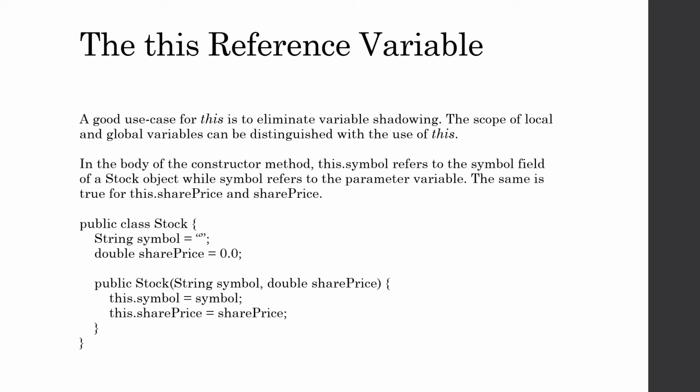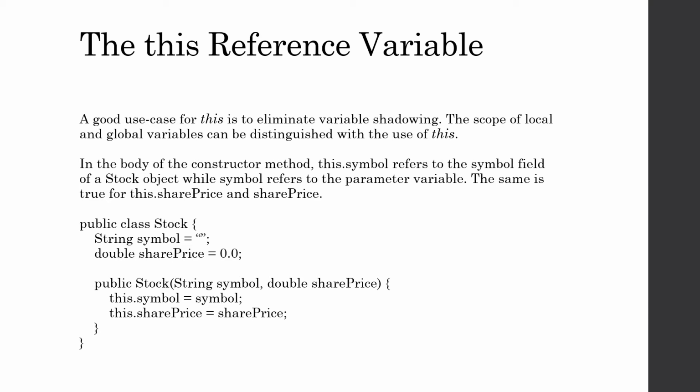Whereas if you don't see the word this, that's going to indicate specifically in our methods that it's referring to one of the parameters that you passed into that method. In this example we have right here, we've got a constructor method where this.symbol refers to the symbol field of a stock object, while just symbol by itself refers to the parameter variable. The same is also going to be true for this.sharePrice and sharePrice.